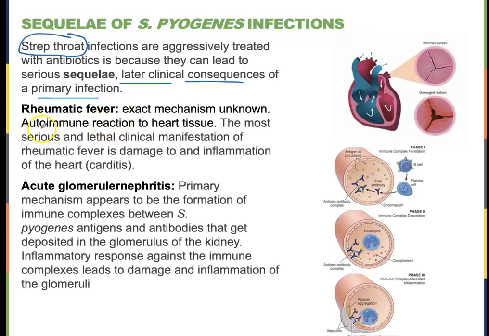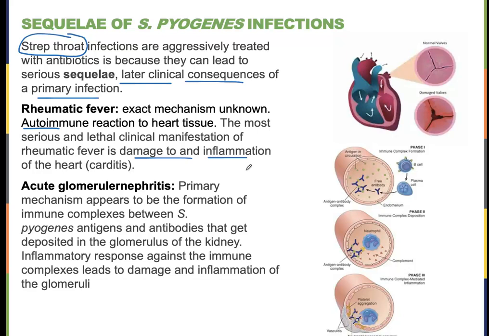And so that's what happens, your autoimmune reaction and your rheumatic fever can damage and inflame the heart, and that's called carditis. You may have heard the word endocarditis. Endocarditis is just the lining of the inside of the heart, whereas just carditis can refer to other areas of the heart as well.